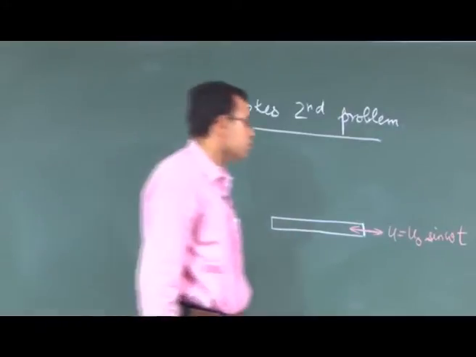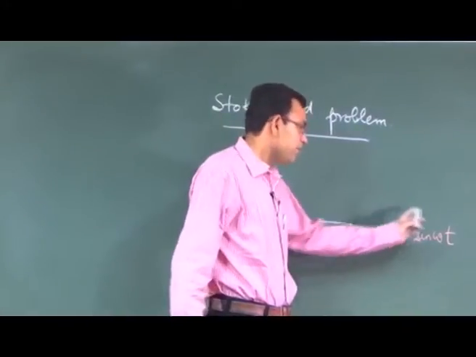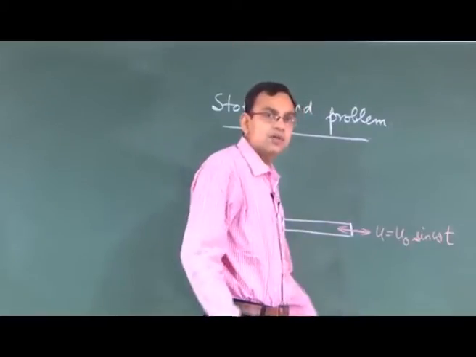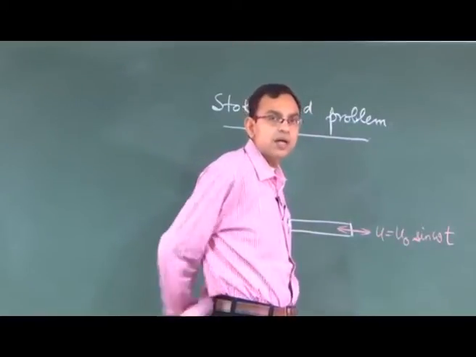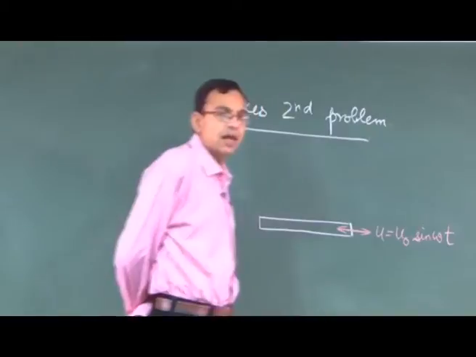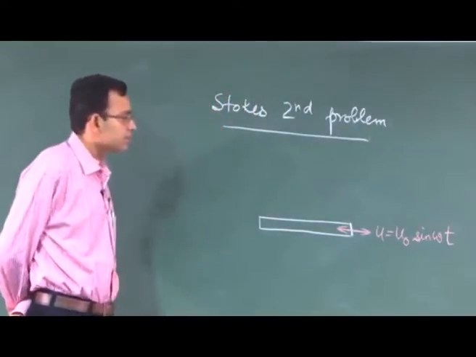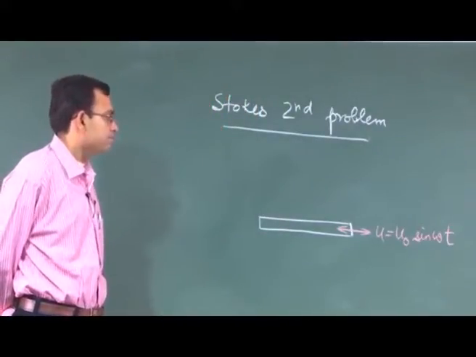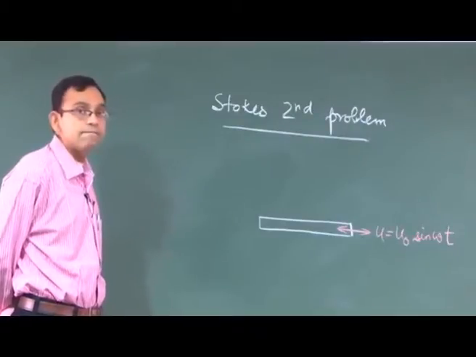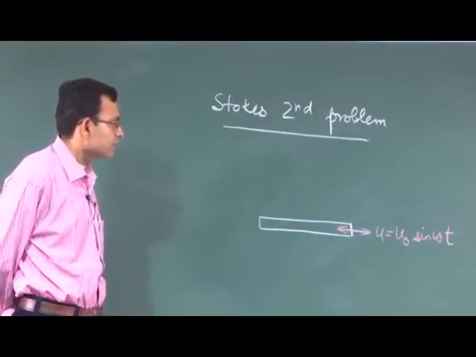It could be sine or cosine. As an example, I am taking sine. So, u equal to u0 sine omega t, where omega is the angular frequency at which the plate is oscillated.